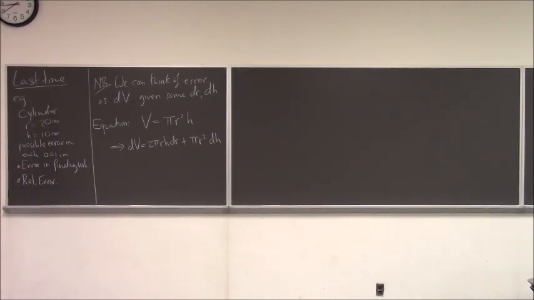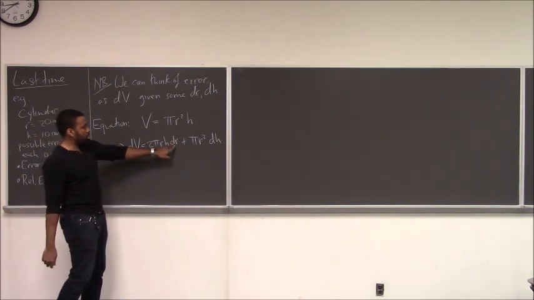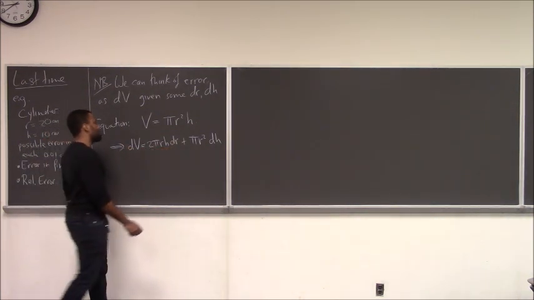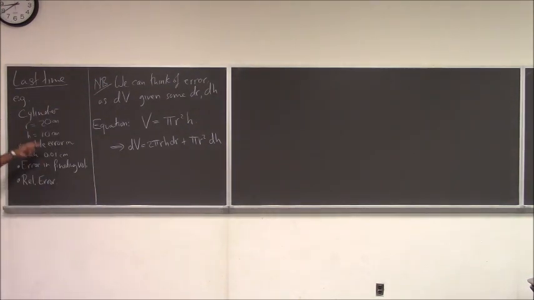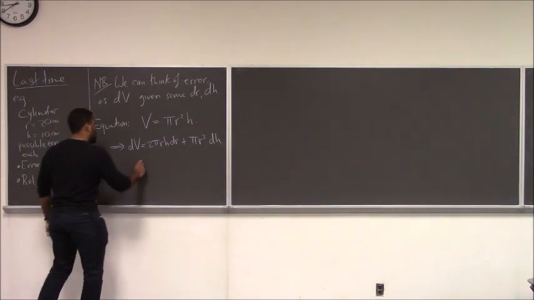But ultimately we can do something like this, a very familiar maneuver hopefully. And basically the change in r is going to be the possible error in r. And the change in h is the possible error in h, which we're given as these numbers. And so we can actually find the change in volume directly by just plugging in the values.